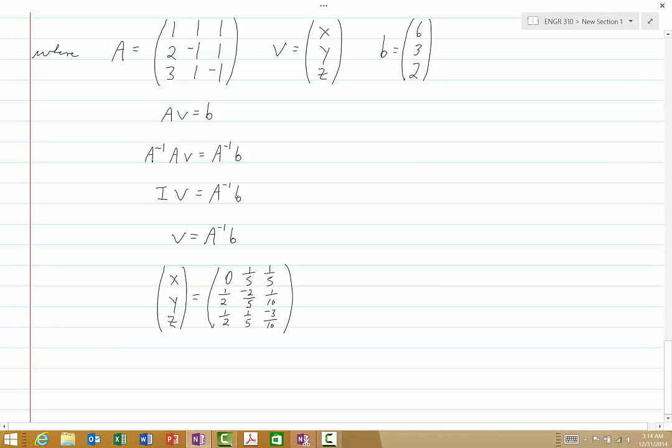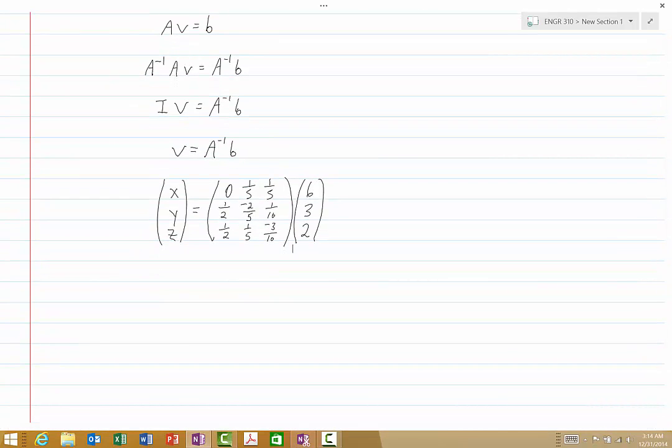That's the matrix A inverse. B is 6, 3, 2. And now all we have to do is carry out the matrix multiplication on the right-hand side, and we will get X, Y, and Z. So let's see what happens.